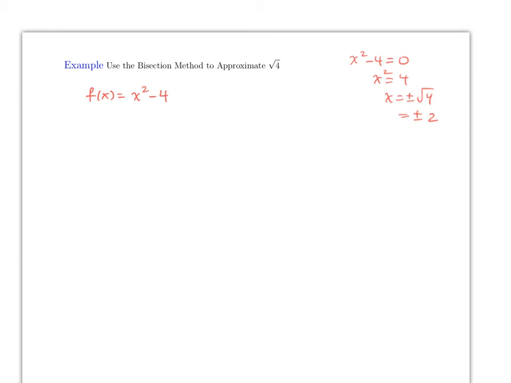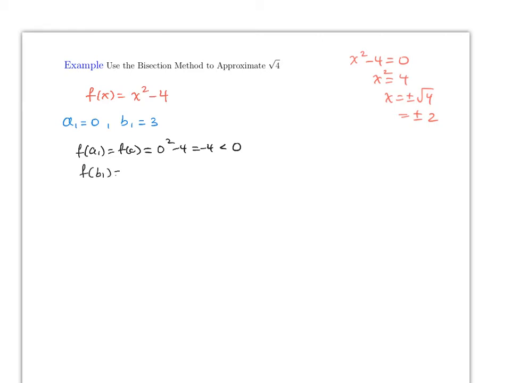So let's pick a1 to be, let's say, 0, and b1 to be 3. Now f of a1, which is the same thing as f of 0, is 0 squared minus 4, which is negative 4. Clearly this is negative.